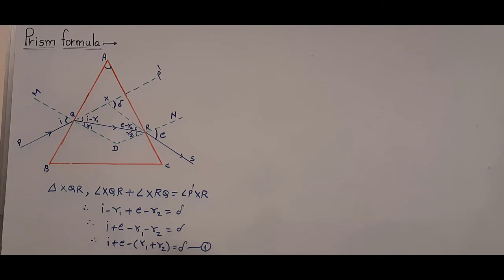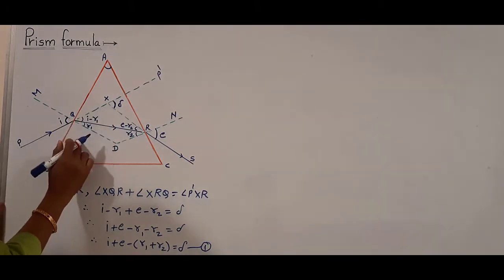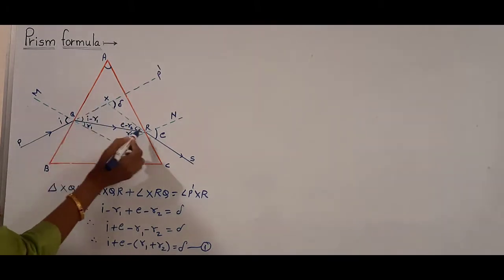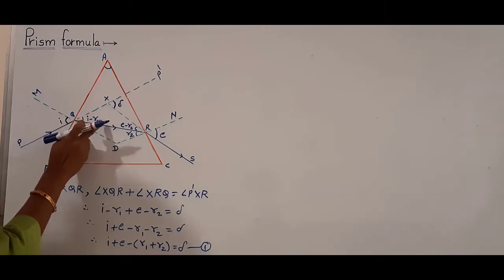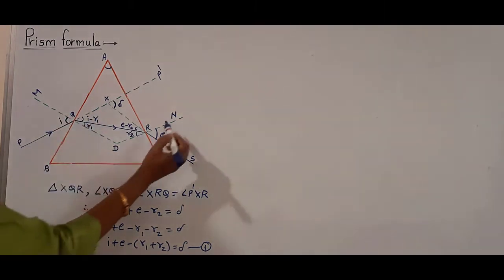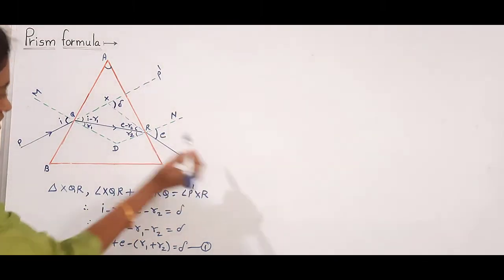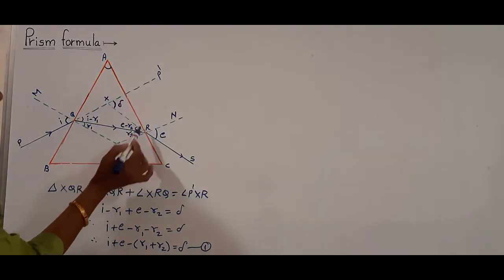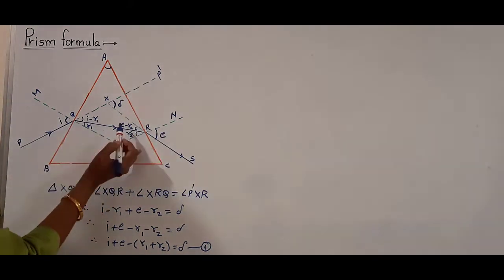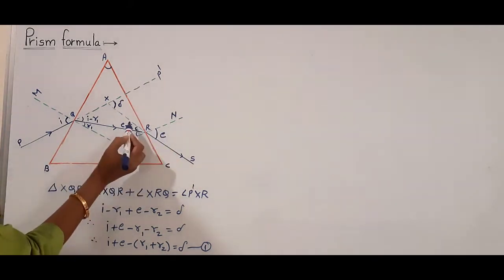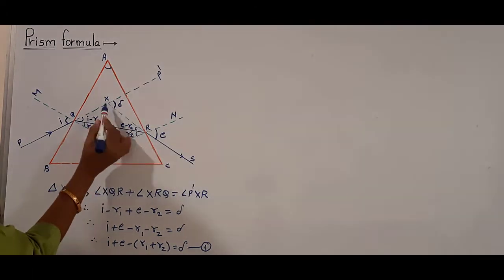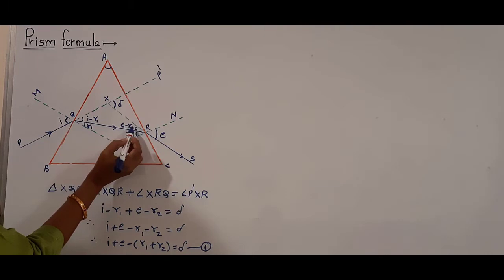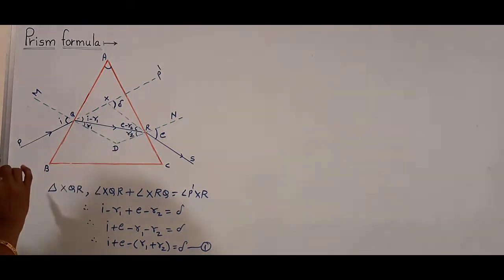Again I am repeating up to equation 1. Here angle MQP and angle XQD are opposite angles. Therefore, we can write angle XQR is equal to I minus R1. Similar way, angle NRS and XRD are opposite to each other. Therefore, as this angle is E, this total angle is E. And angle XRQ can be written as E minus R2.